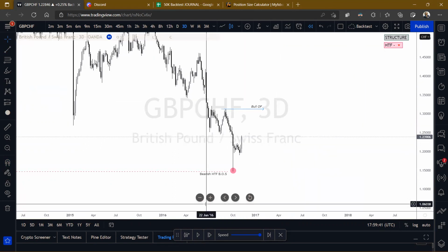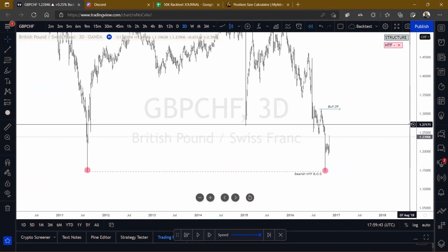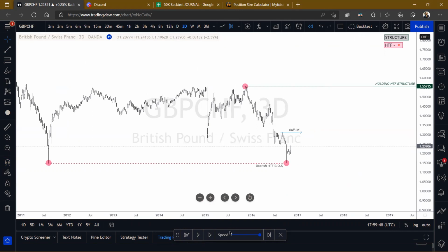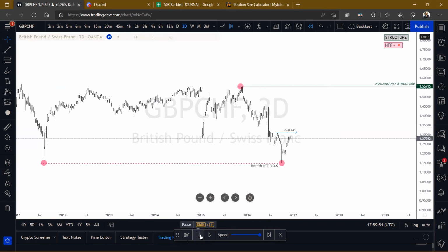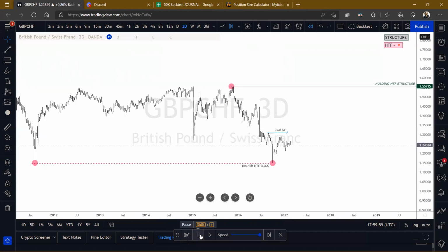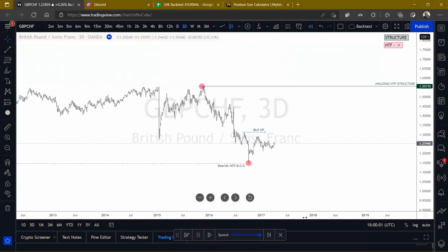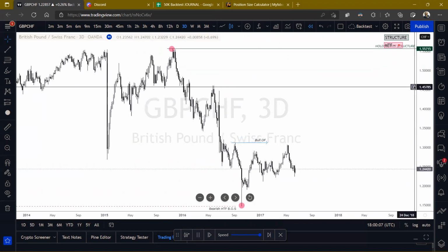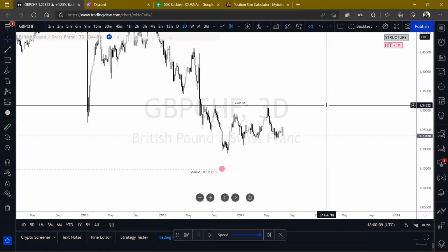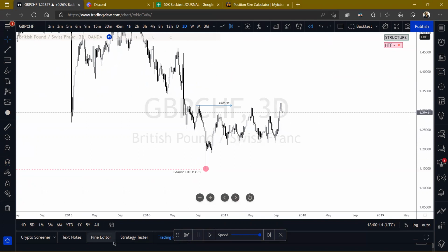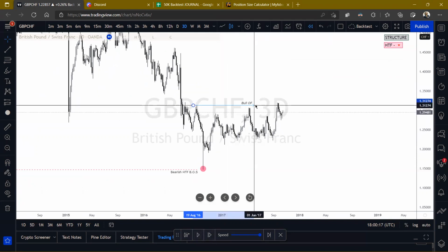So we know if price goes above this, that's going to be bullish order flow. That's what we're just going to be waiting on. Price is taking its time. Cool, and then we broke it.